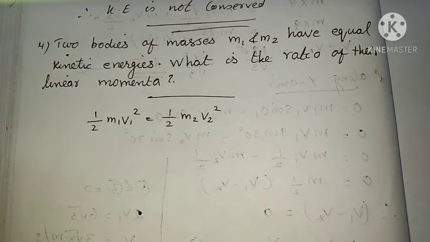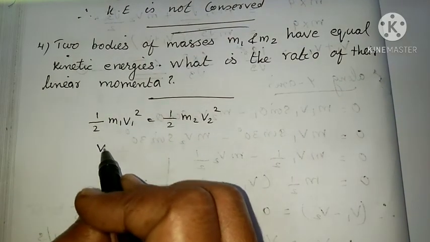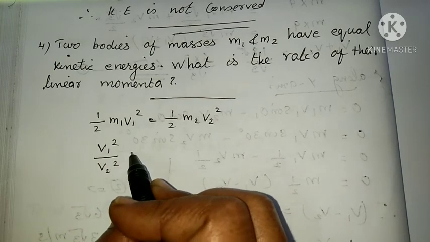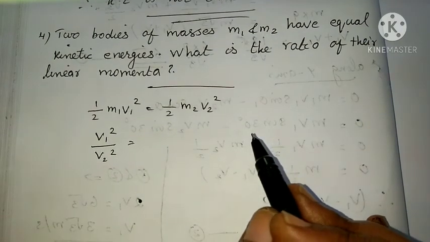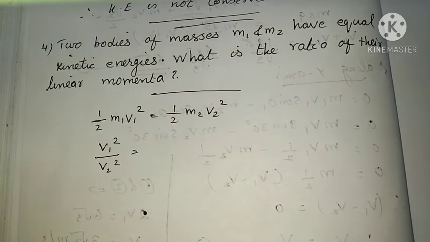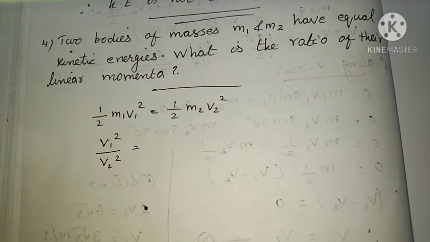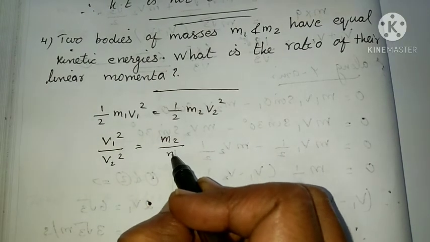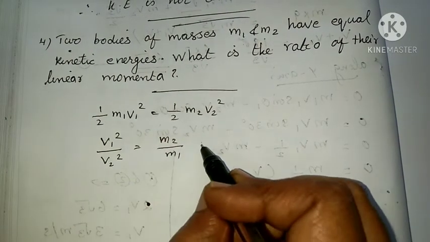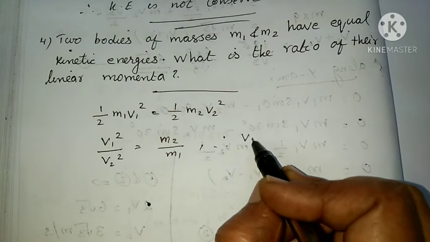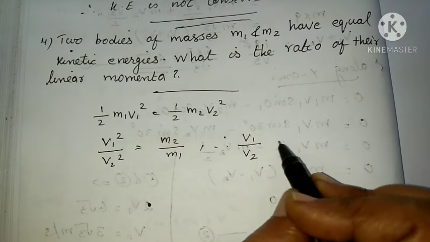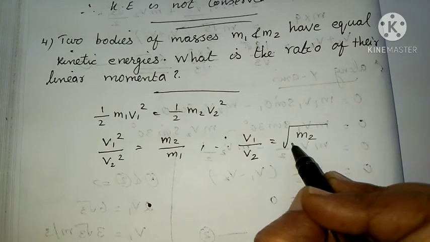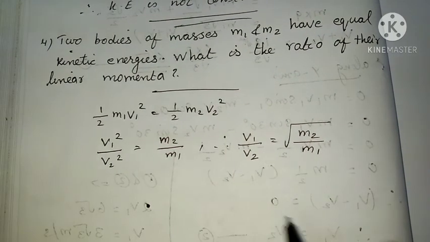Then from this, we can write v1 square divided by v2 square equal to, half and half we can cancel, m2 divided by m1. Therefore, v1 by v2 equal to root of m2 divided by m1.